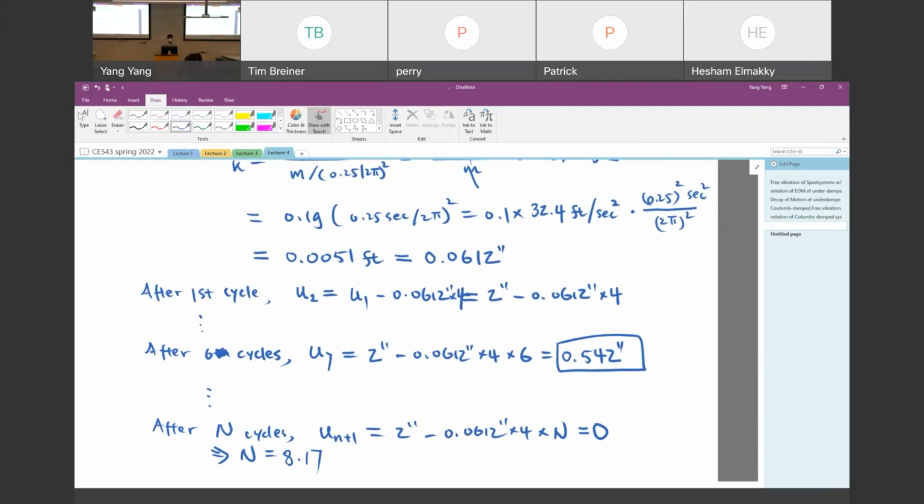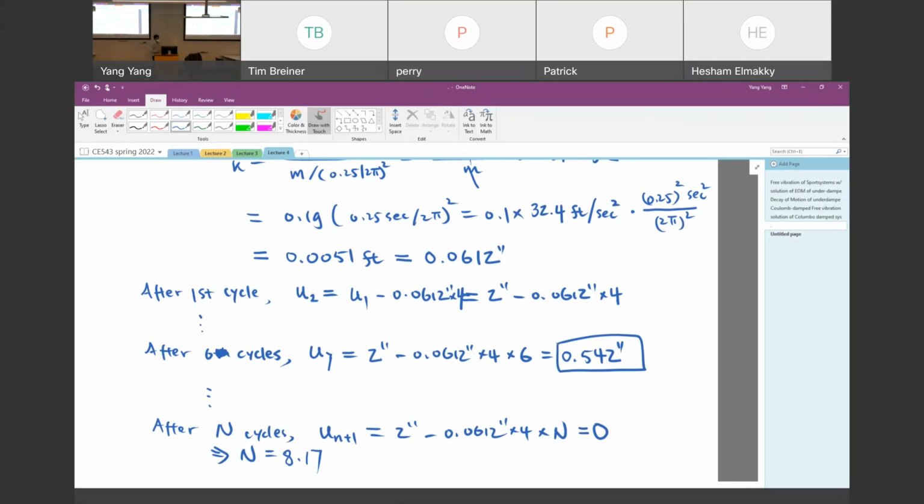So that means after 8 cycles or 9 cycles here, the vibration stops. If we have 8 cycles, this number is larger than 0.